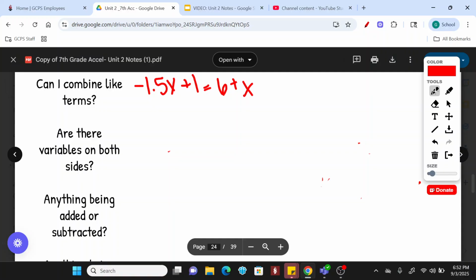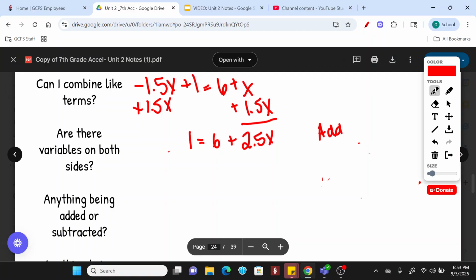Yes. Which one's my smaller variable? Negative 1.5x. So I need to do the inverse, and I need to add to both sides. Alright, so this means we have 2.5x plus 6 equals 1. Alright, because I added, the justification is addition.